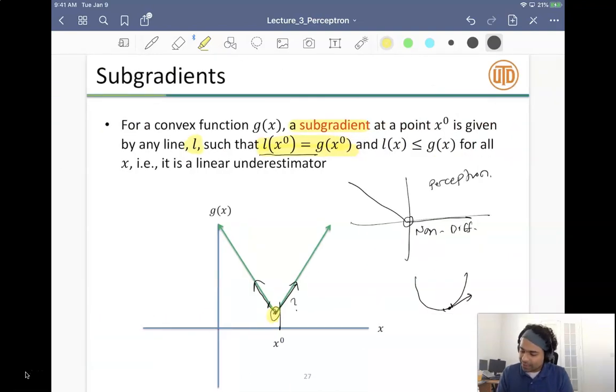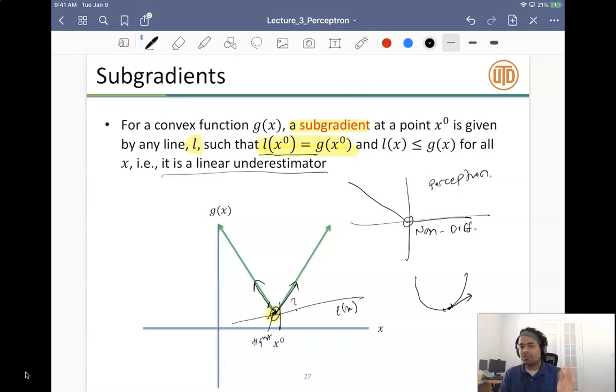And it should be a linear underestimator everywhere else. So if a function L of x is something like this, it should be less than or equal to the function everywhere. So you see that this L of x is a valid subgradient.